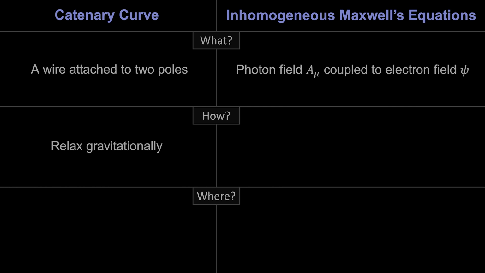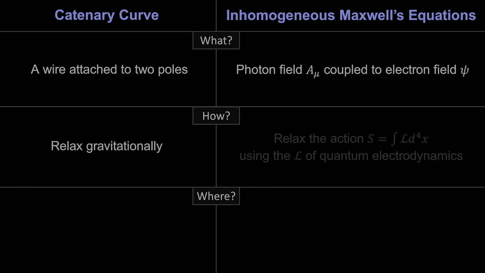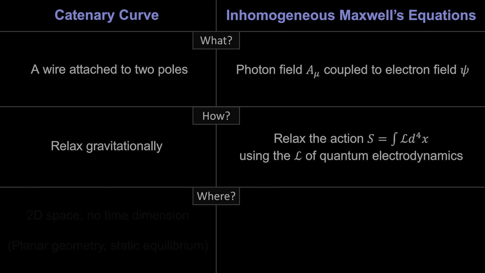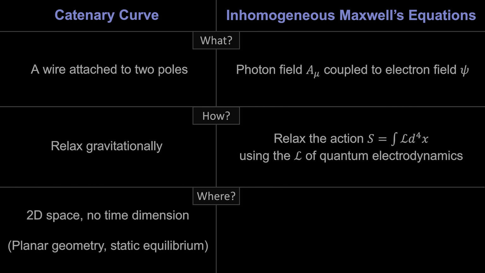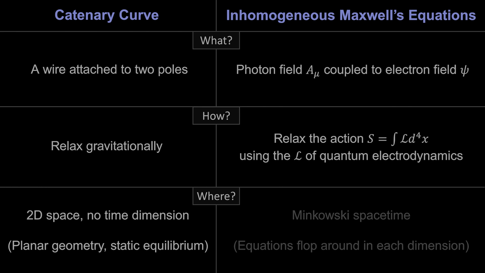And instead of minimizing the gravitational potential energy, we're going to be minimizing the action S as defined by the Lagrangian of quantum electrodynamics. Instead of working in a two-dimensional space, we're going to be working in a four-dimensional relativistic spacetime. But other than that, it's a very similar problem.